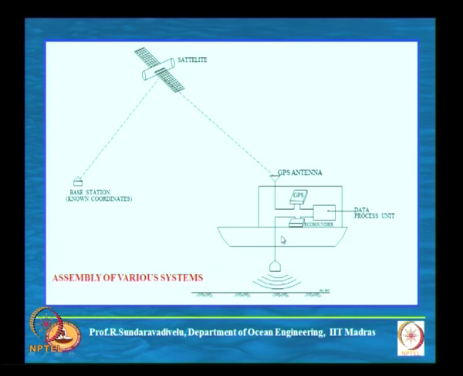There are three translational motions: heave, vertical motion, surge and sway. And three rotational motions: pitch, yaw in the plane of the water, and roll perpendicular to this. So there are six motions, but generally we give compensation only for heave.